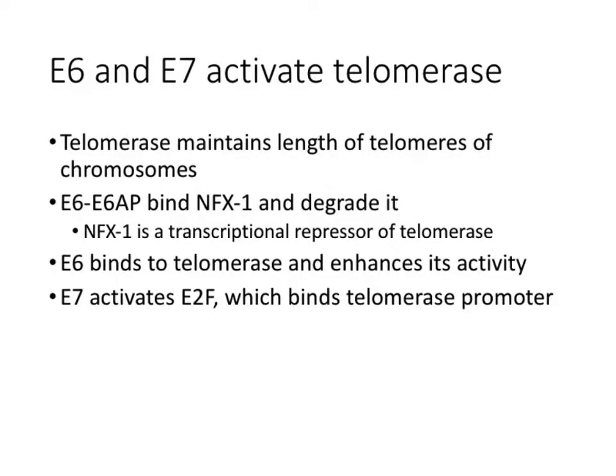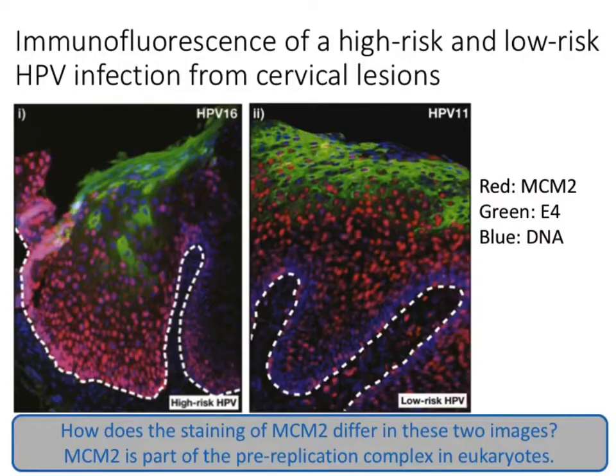I think we left off with this image. This is an immunofluorescence looking at stratified epithelial cells. The dotted line represents the basal membrane. In this image, they're looking at HPV 16 infection versus an HPV 11 infection. The red represents MCM2, which is an indicator of cell replication.